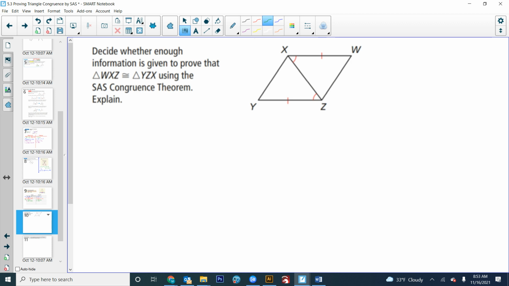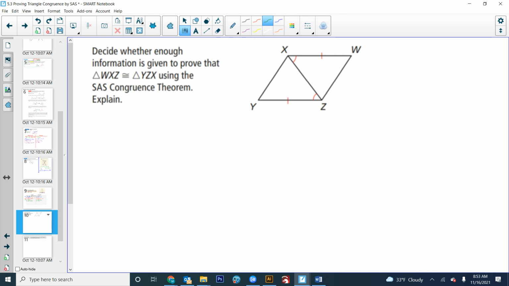Is this on your papers? Yeah. All right. Let's talk about it. Is there enough information to prove that these triangles are congruent? Don't blurt out. Just take a look at it. Think about it. Who votes no? Who votes yes?